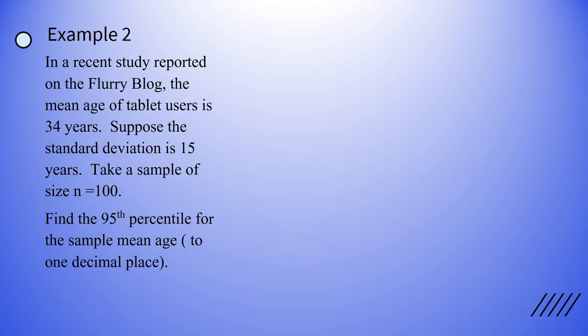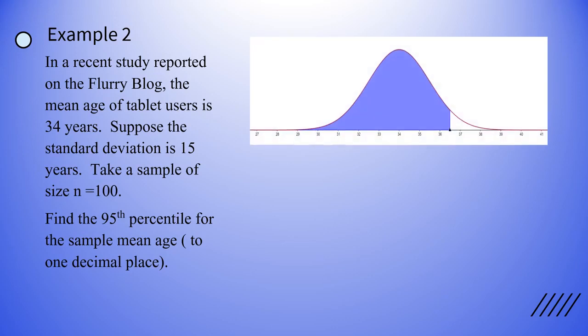So we are trying to find the value on the x-axis such that the area to the left of it is 95%. So this shaded region here is 95%. We are trying to find the point on the x-axis.